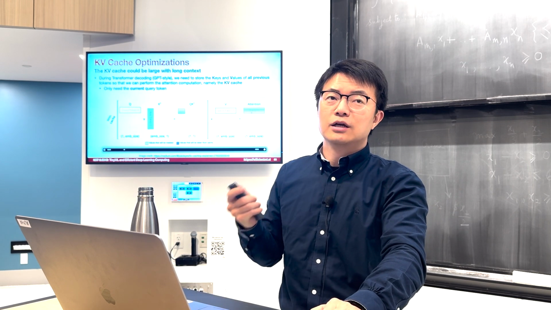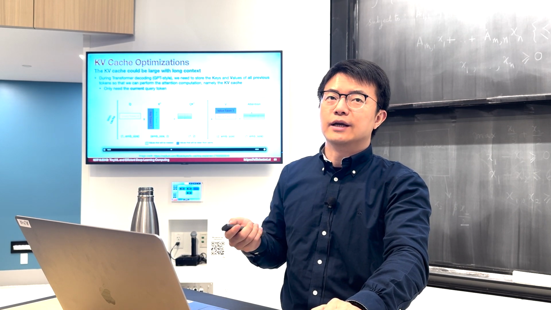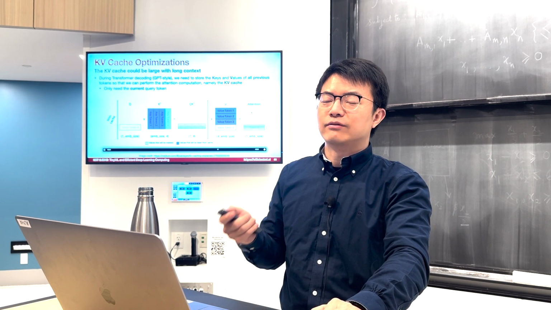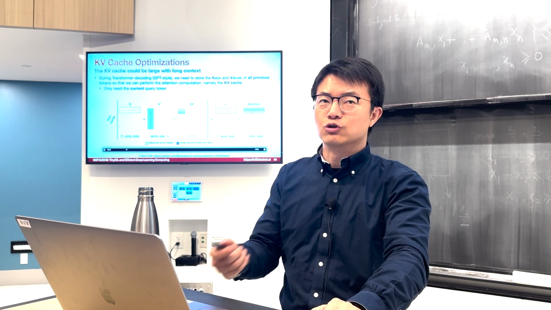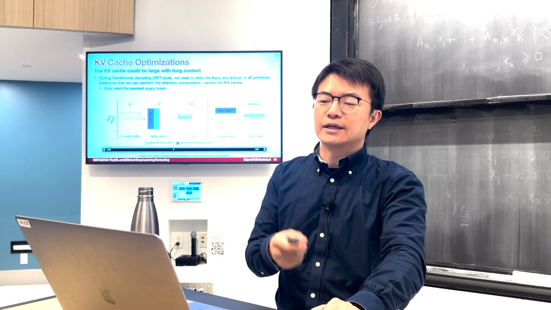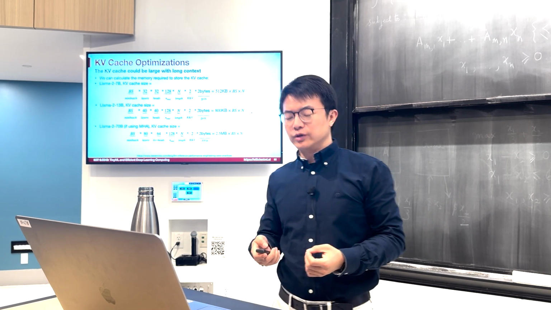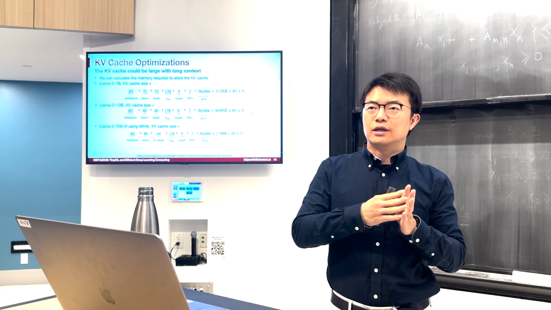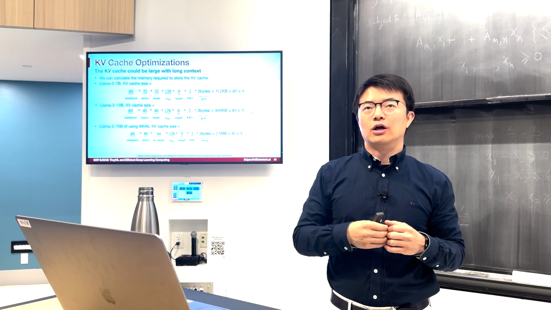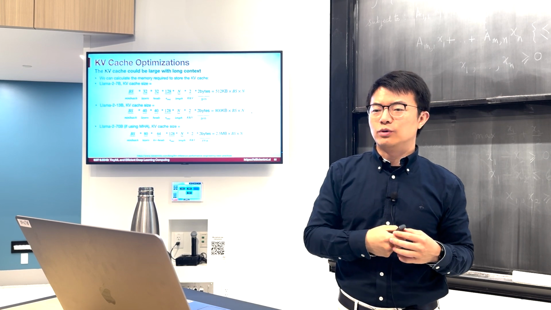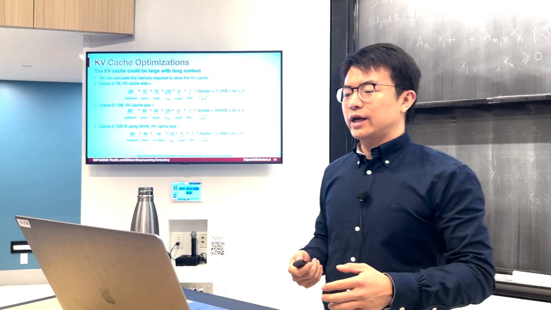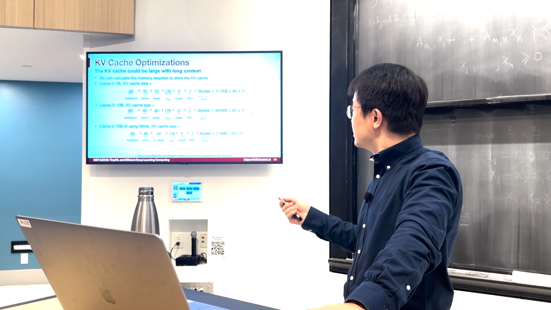So we only need the current query token, and we only calculate the key and value for the current token and store everything before that in the KV cache. As a result, the KV cache gets longer and longer, because as the sequence gets long, the KV cache grows proportionally. So how do we calculate the size of the KV cache?